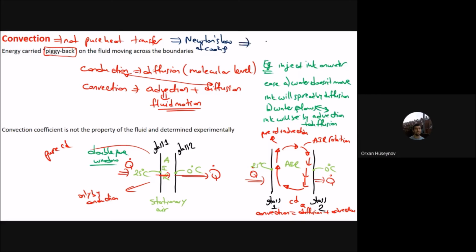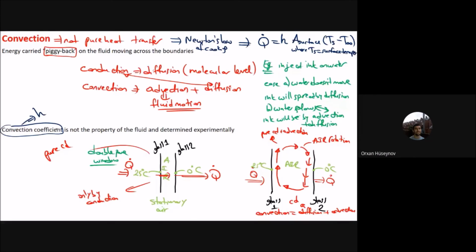Okay, and this equation is that Q dot is equal to the surface area multiplied by Ts minus T infinity, where Ts is the surface temperature. Okay, and here you have one more coefficient, which is h. Okay, and this h is the convection coefficient.